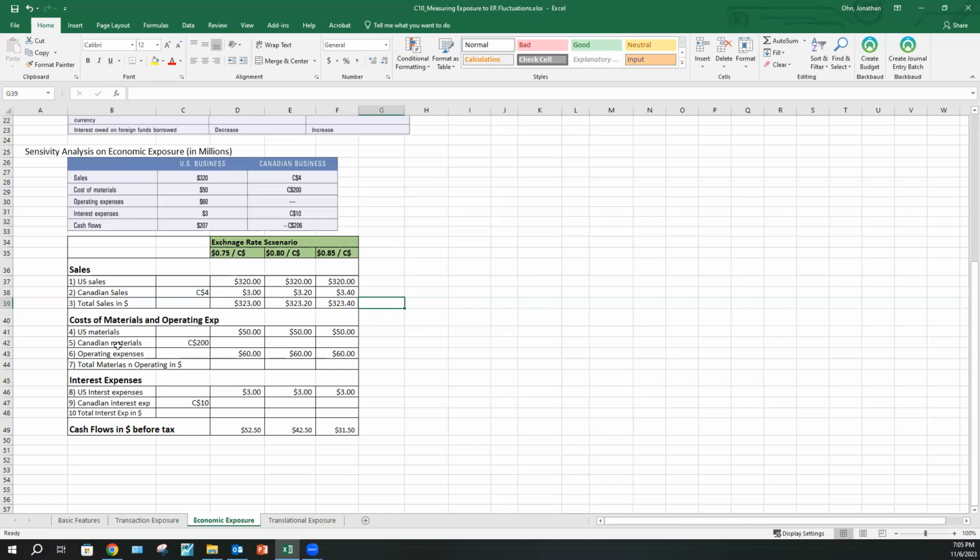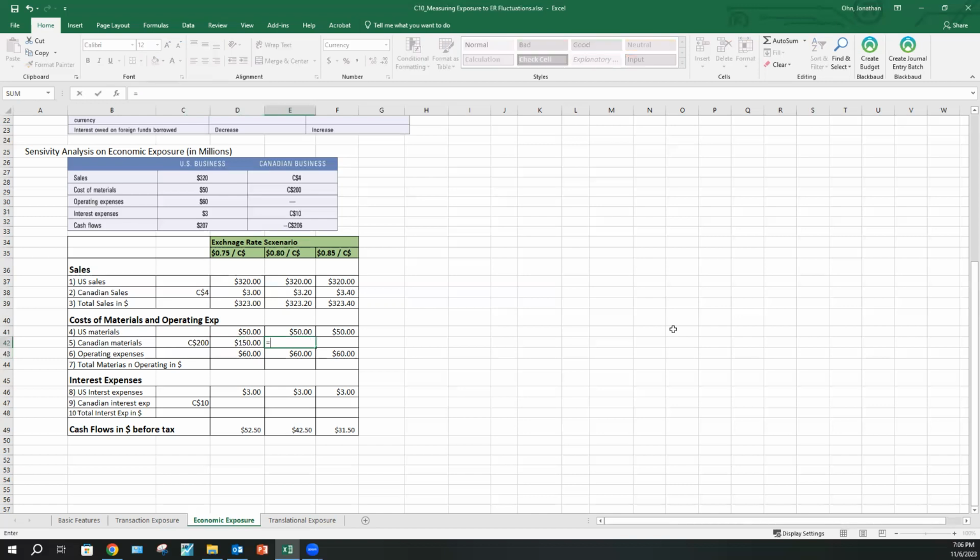All right. Now let's talk about the cost of materials and the operating expenses. The cost of materials is $50 million, and the Canadian materials that we use is 200 million Canadian dollars. Depending on the exchange rate, it has a different impact in US dollars. So 200 million times the exchange rate of 0.75, right?